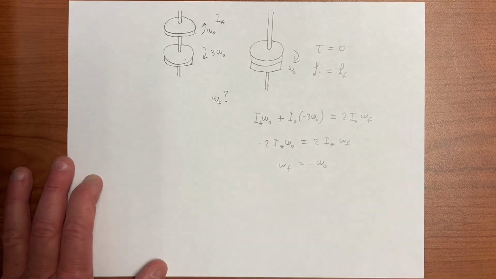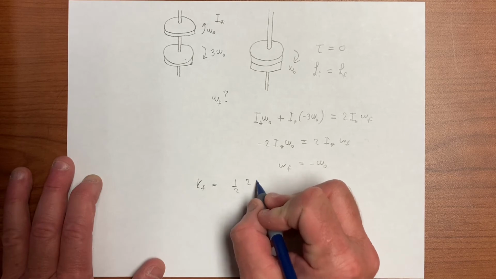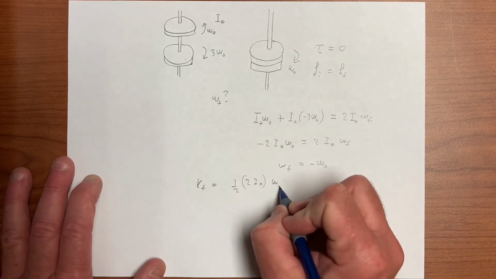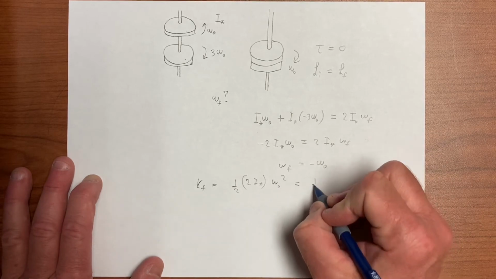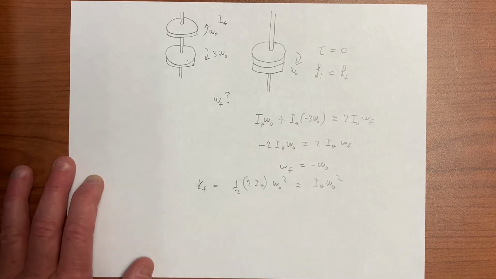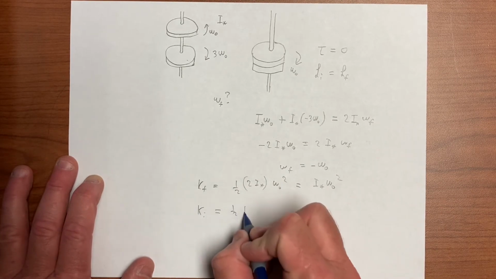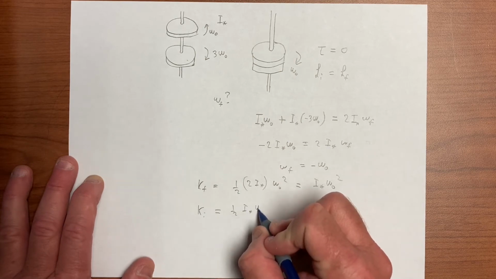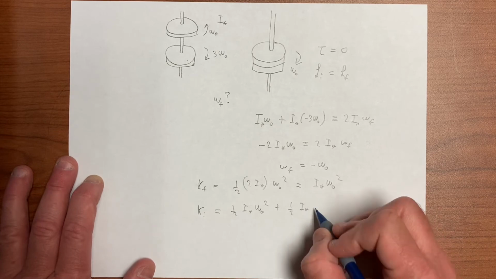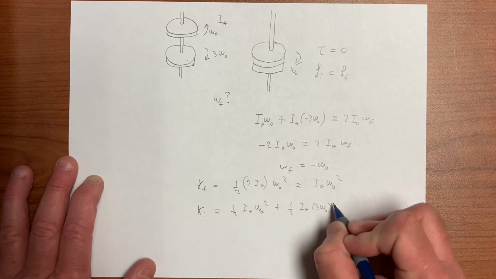And if we want to look at the kinetic energy, the final kinetic energy, it's 1/2 times 2 I star for the moment of inertia times omega naught squared, which is just I star omega naught squared. Let's compare that to the initial kinetic energy, which is 1/2 I star omega naught squared plus 1/2 I star times 3 omega naught squared.